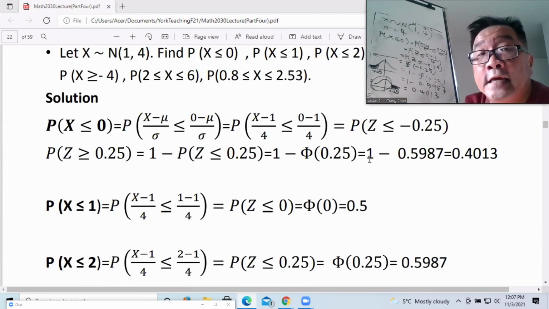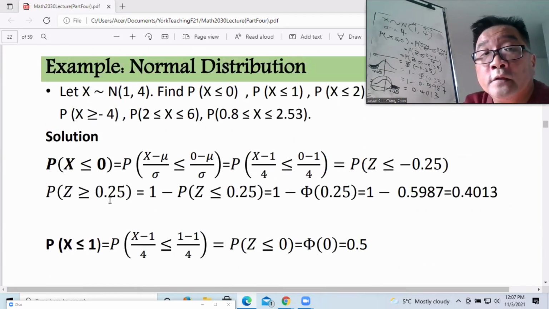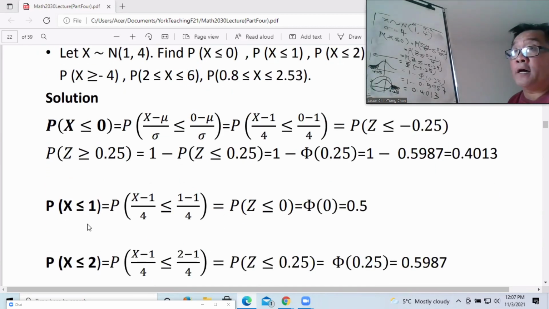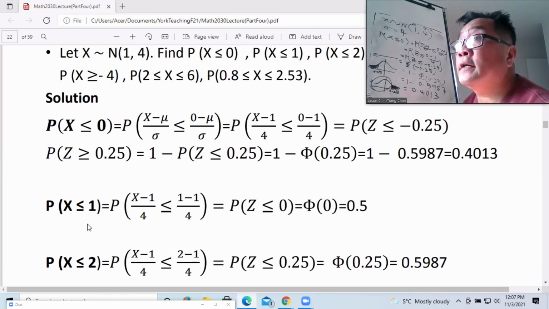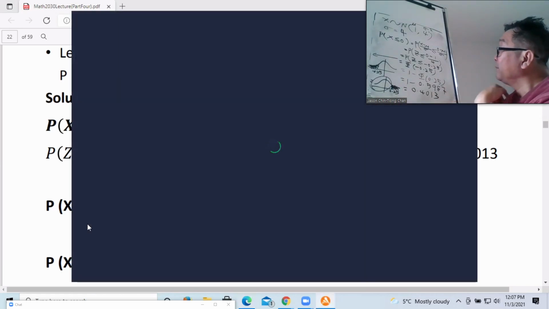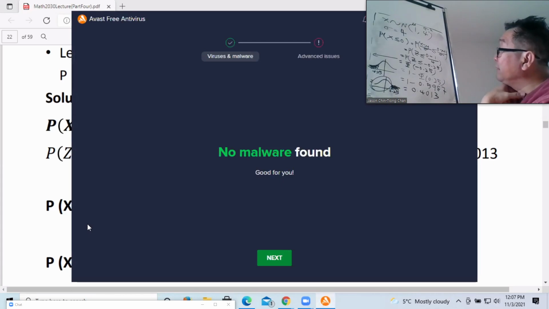Now let's do the second question. X is less than or equal to 1. Would we lose marks for not writing 1 minus? I think it's okay.